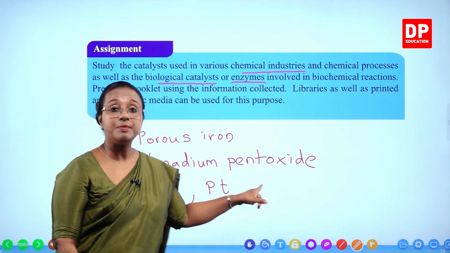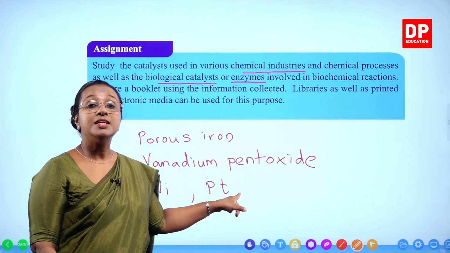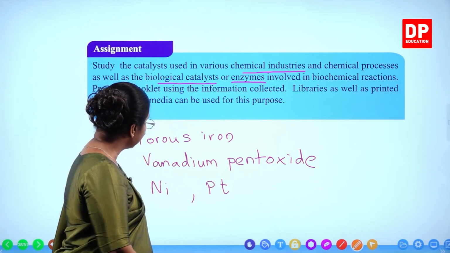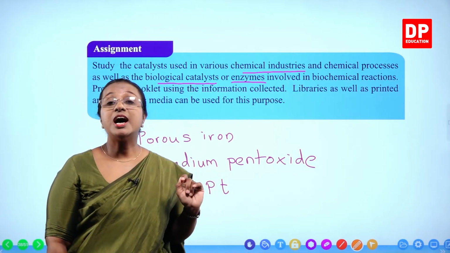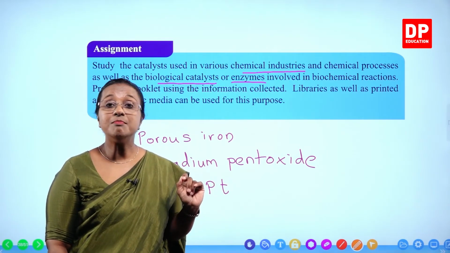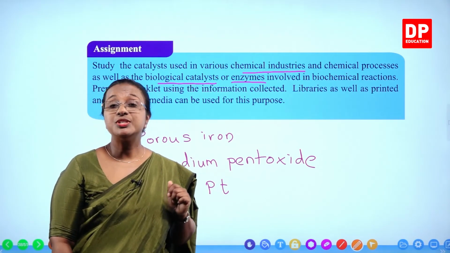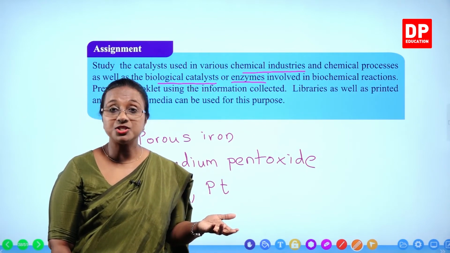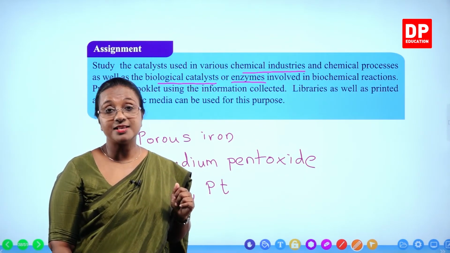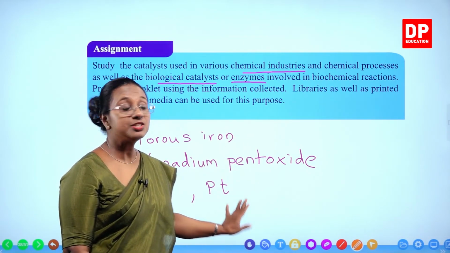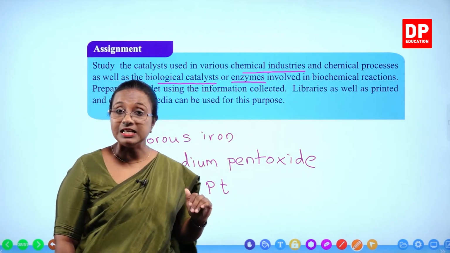Then vanadium pentoxide for the contact process of manufacturing sulfuric acid. Then nickel for the hydrogenation process in manufacture of margarine. And platinum was used as the catalyst in the production of nitric acid by oxidizing ammonia. So different catalysts are used in different chemical industries.